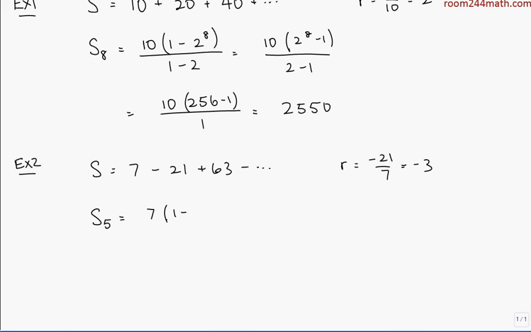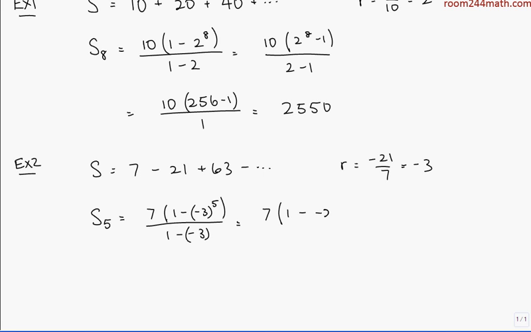So here we have 7 times 1 minus negative 3 to the power 5 all over 1 minus negative 3. For this one, actually it makes sense just to use the formula as it is. And keep in mind that when you raise a negative base to an odd exponent, it stays negative.